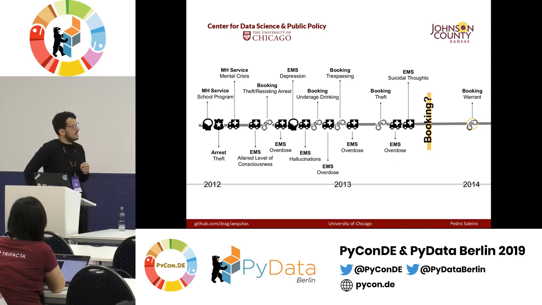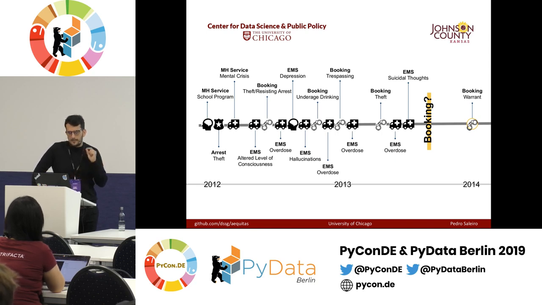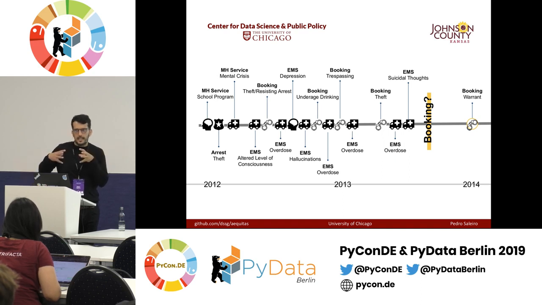And here is an example, this is actually a timeline of a real person that was living in Johnson County, Kansas. And this was the first project where all the public data from public services in the county got together and linked.